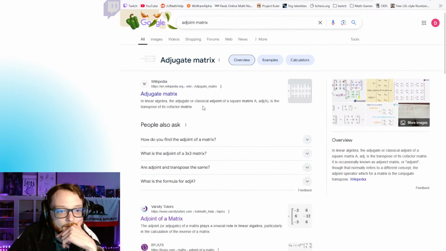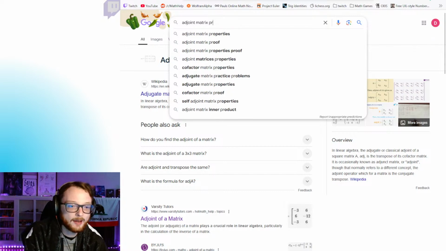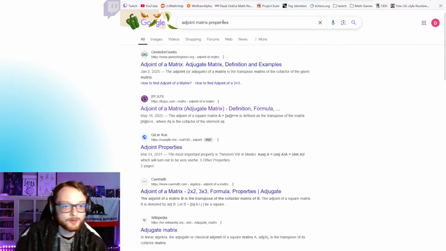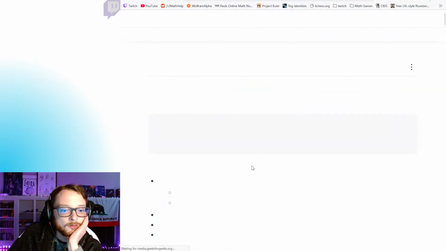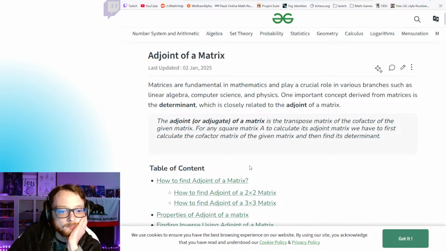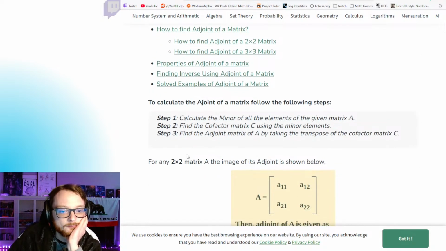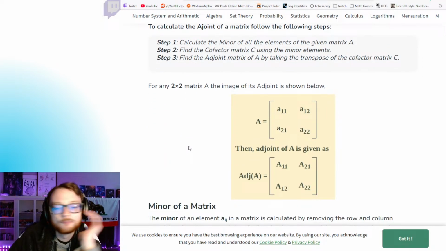So I assume there's going to be a property that's relevant here. We're interested in counting the number of zeros in an adjoint matrix that originally has no zeros.